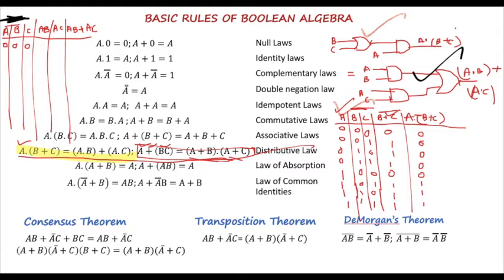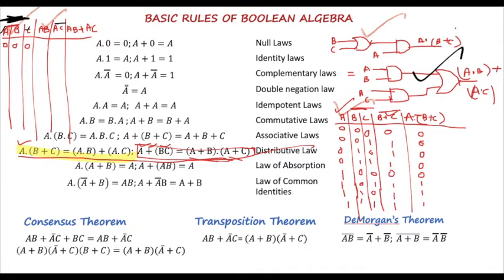So AB is this portion, and this is BC, sorry, and this A and C gives AC.